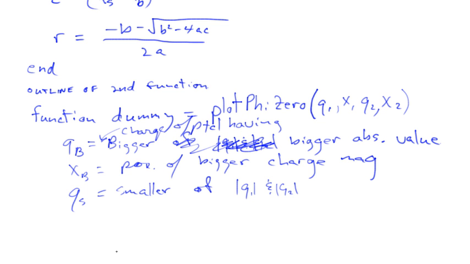It's not. It's the actual charge of the particle that has the bigger absolute value. So position of bigger charge mag. And then I think that's close enough, not grammatically very good, but conveys the idea. So what do I need? This, I think.